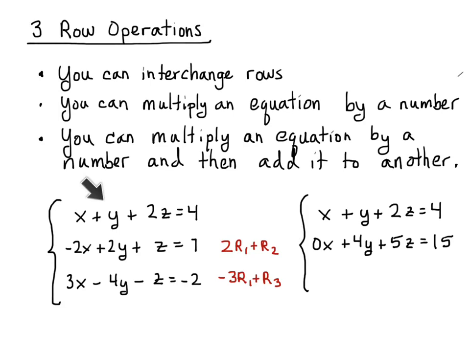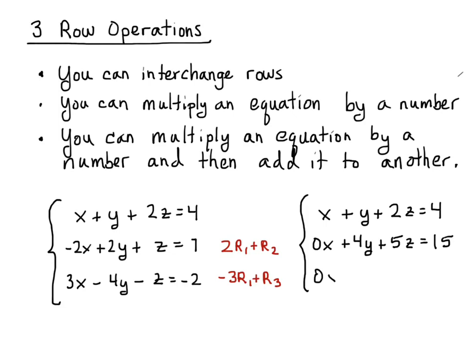We'll take 2 times y and add it to 2y, and here we get 4y. And then we take 2 times z, or 2z times 2, and we get 4z plus z, and we get 5z. And then we'll take 4 and multiply by 2 to get 8 plus 7 is 15.